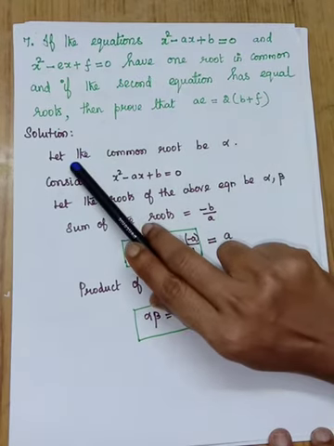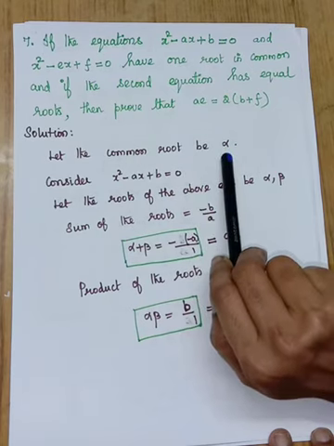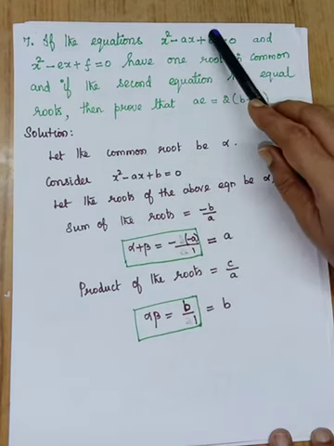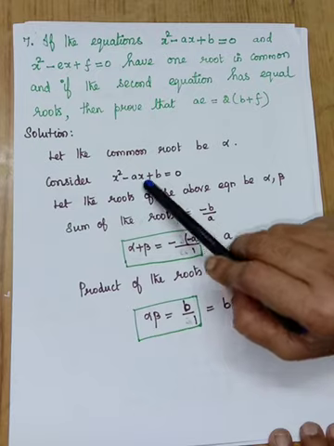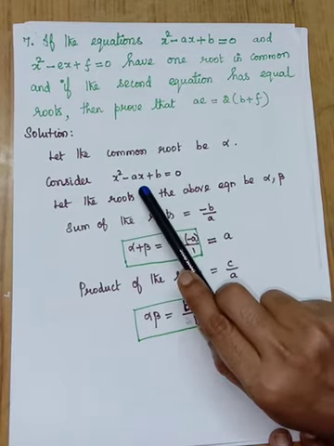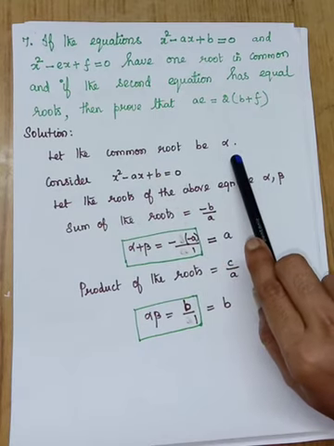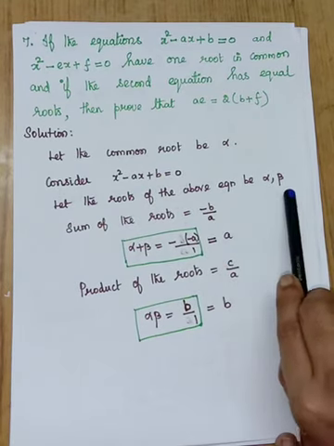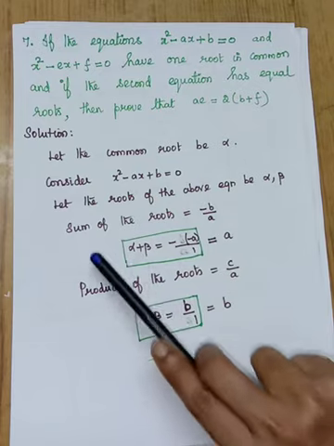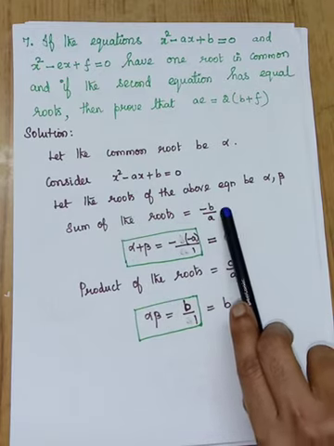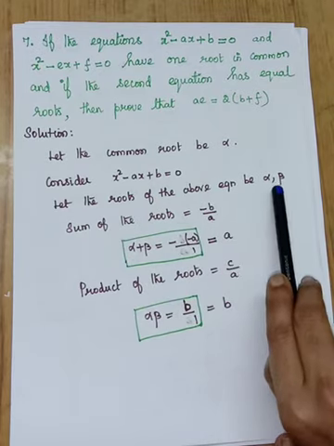So I have taken, let the common root be alpha. Okay, consider the first equation. So this is a quadratic equation, so it will have two roots. Already we mentioned one root is alpha. So the another one is beta. Okay, so sum of the roots formula is minus b by a. So you just add these two.